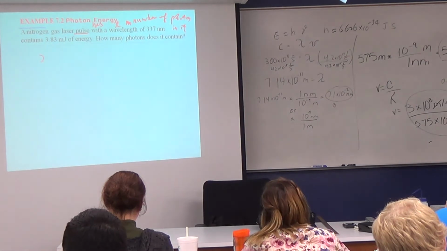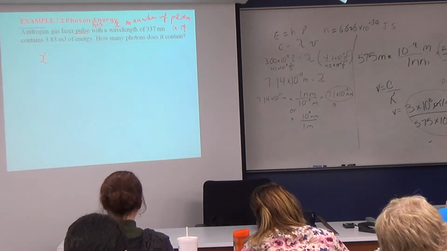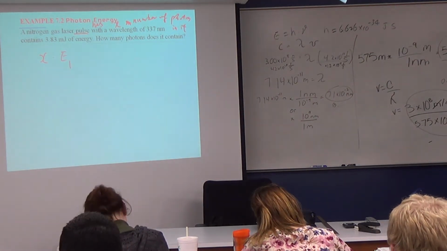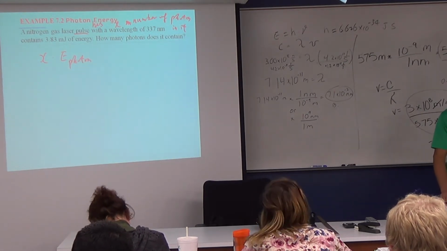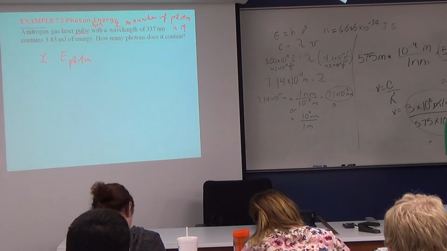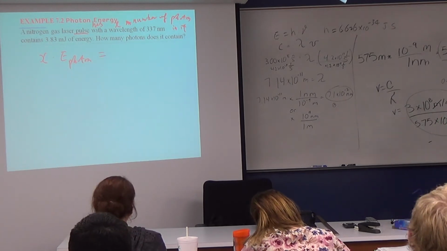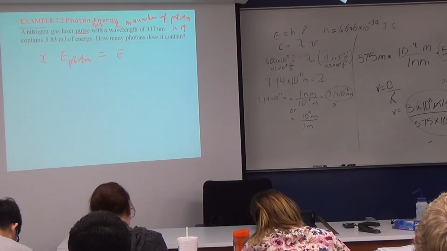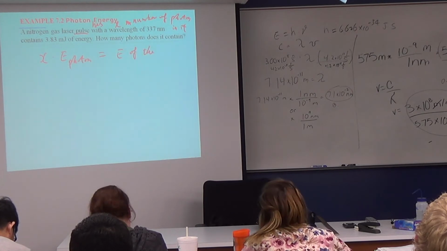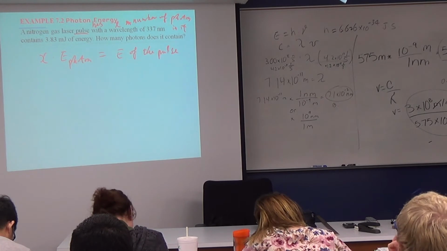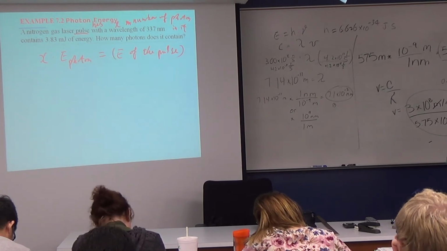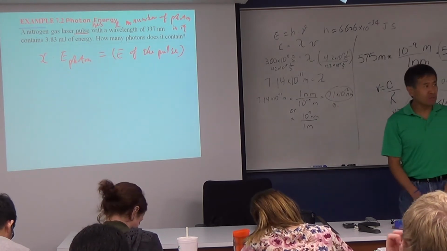So if you take X and multiply it by E photon, which is the energy of one photon, that will give you the E of the pulse.